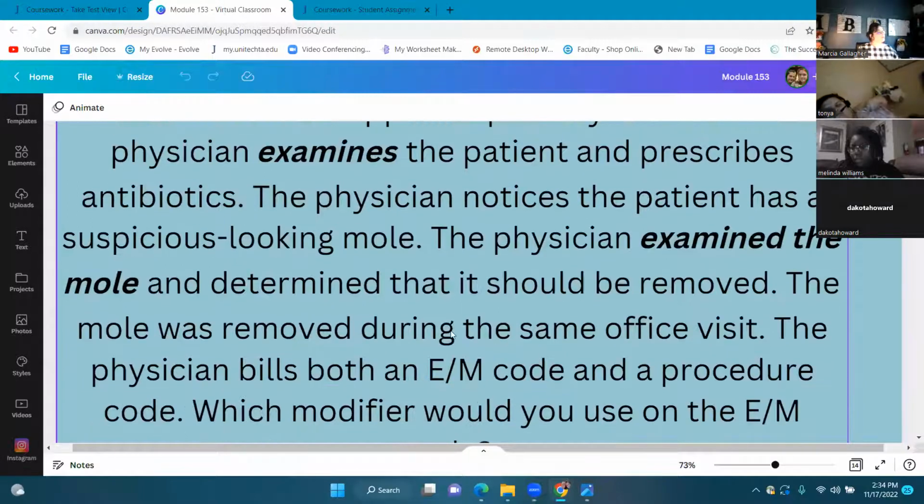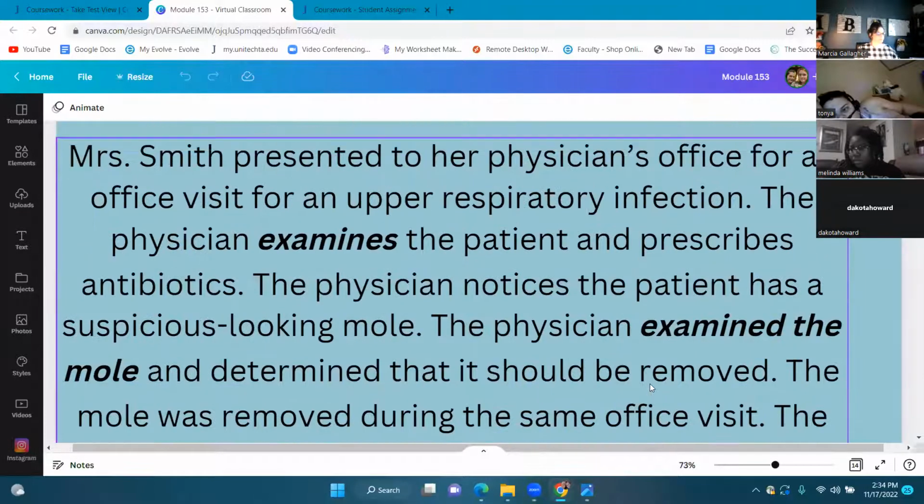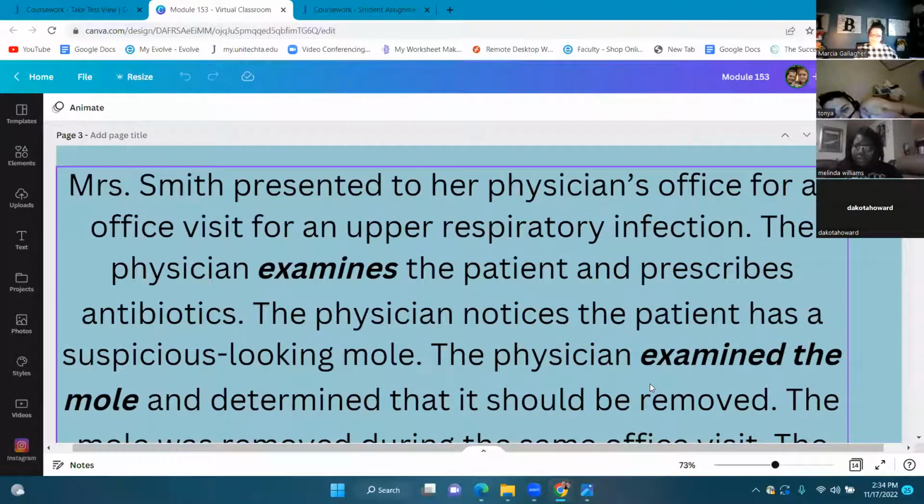The mole was removed during the same office visit. The physician bills both an E&M code and a procedure code. Which modifier would you use on the E&M code? I'm going to give you a choice: it's either 24 or 25.